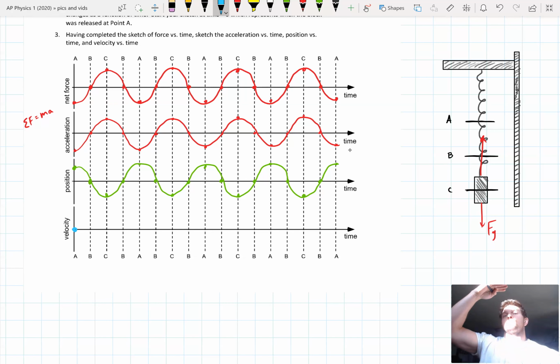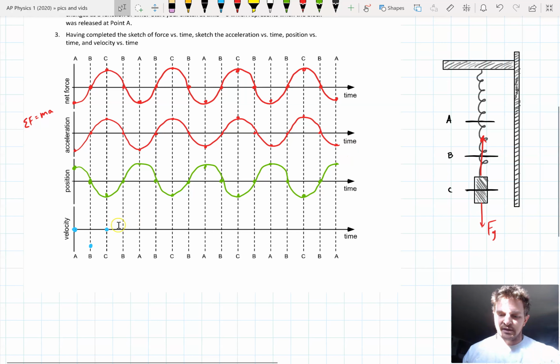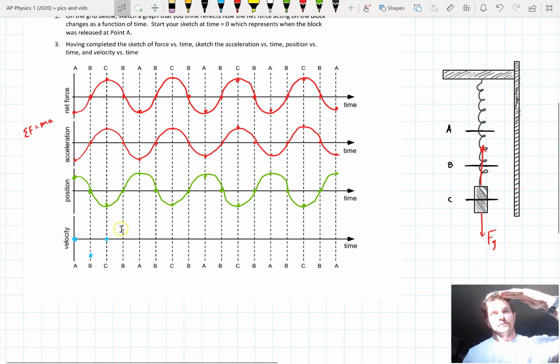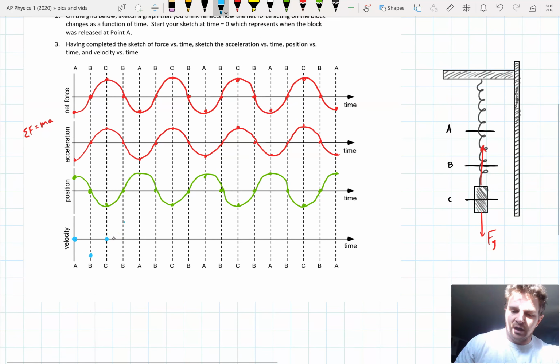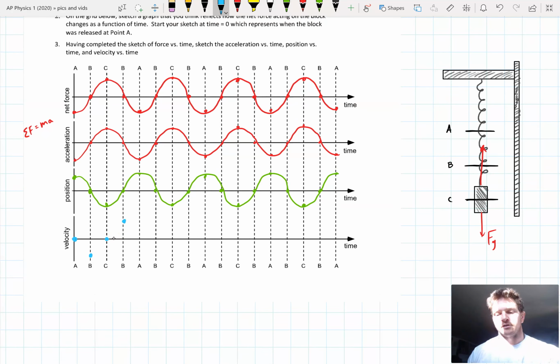A is up top, it's going down to B. So it's going down to a negative velocity. At C, that's an endpoint, so it has 0 velocity. And then from C to B, it's going up. So it's moving in the positive direction. So at B, it's going to have a big positive velocity when it's moving from C to B. And then we follow that pattern all the way through.